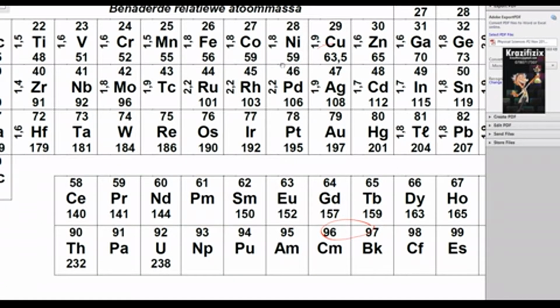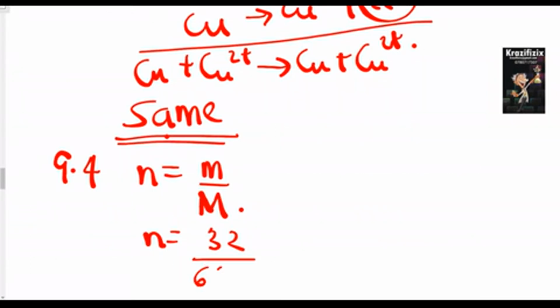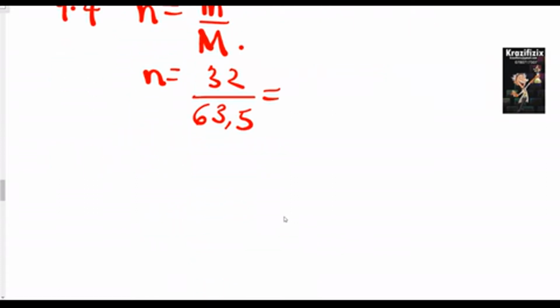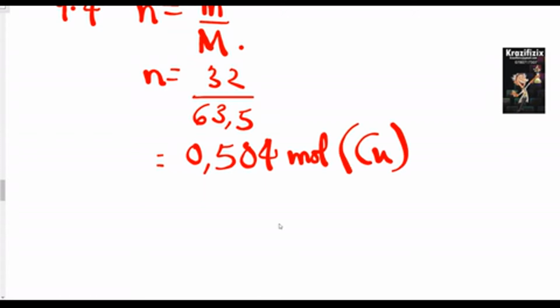Copper here, 63,5. Good. So 63,5. And if you use your calculator now, your answer would be 0,504 moles of copper. That's almost half there.